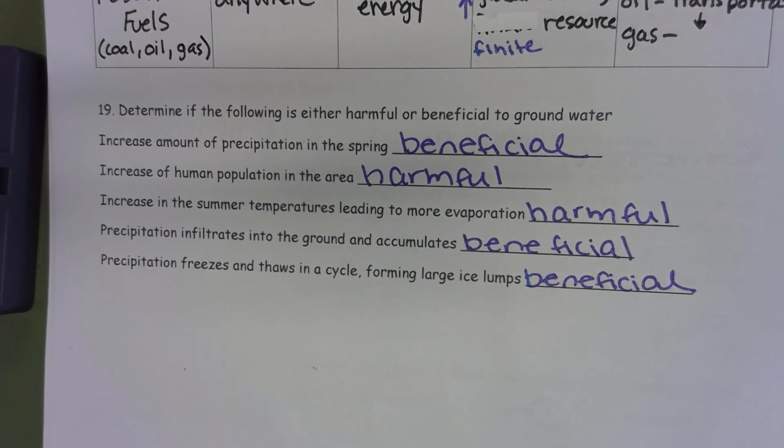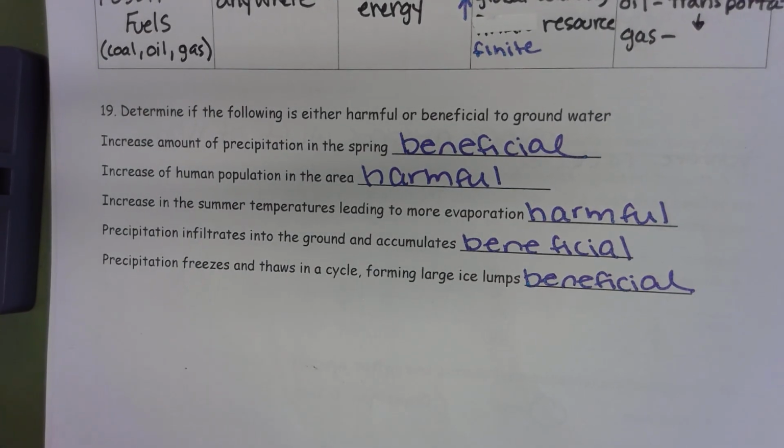All right. Determine if the following is either harmful or beneficial to groundwater. If we increase the amount of precipitation in the spring, it is beneficial. If we have more rain, we get more groundwater because more is going to infiltrate in.